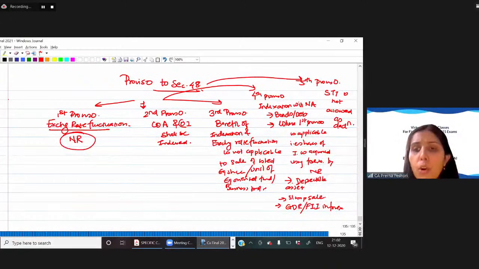Chavi, you are asking what will be the cost of acquisition under section 45(1)(a) related to insurance receipt. Chavi, it will be the cost at which you acquired the asset. Clear, Chavi? See, here I had done it.